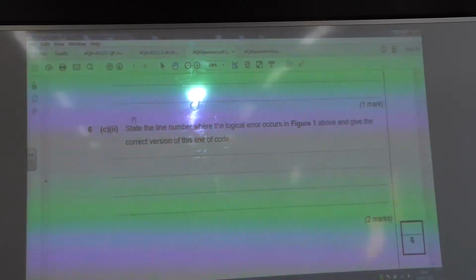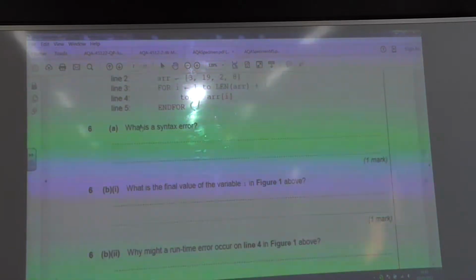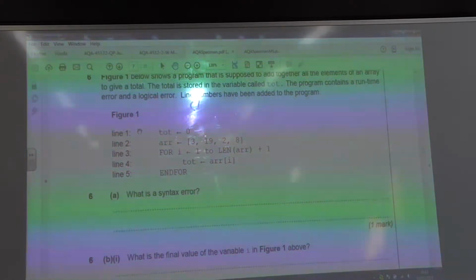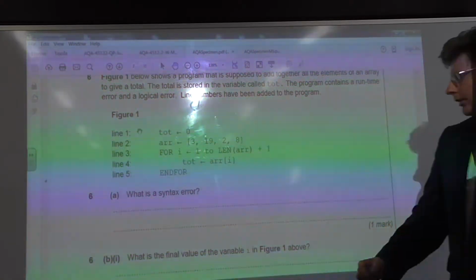Where will there be a logical error, and how will we fix it? So it's supposed to add together all the elements of an array. So where's the logical error? It's not really adding to the total, it's just resetting, like redeclaring it.